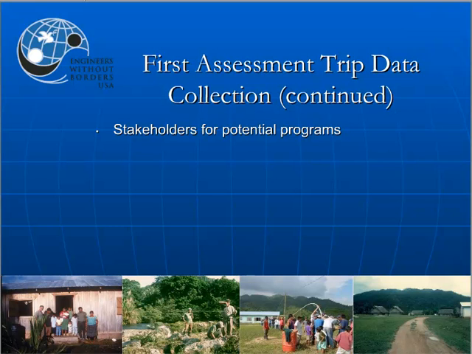And then going on a little farther, on the first assessment trip data collection, you also want to know all the stakeholders for potential programs, so you don't get caught far along in the design of some kind of project and then realize that you neglected to get one of the stakeholders on board.